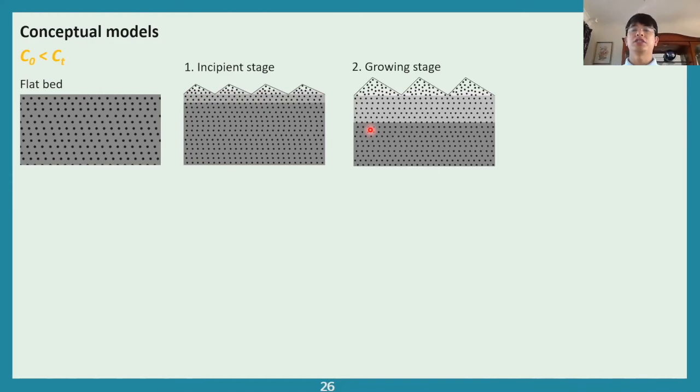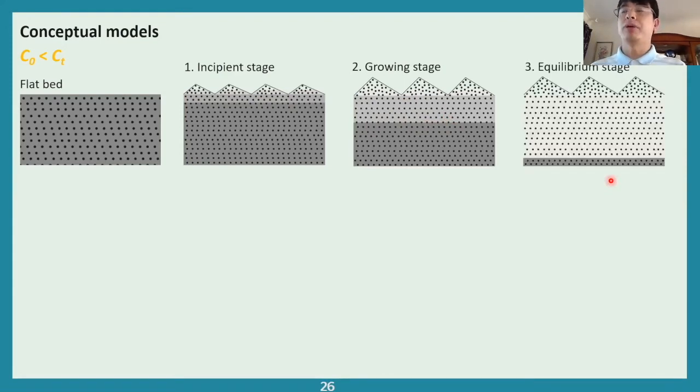In the growing stage, the ripples become sandy ripples, and the layer losing clay gradually expands downwards. In the equilibrium stage, the ripples have transformed into clean sand ripples. And due to very high clay winnowing, even the deep bed clay is cleaned, contributing to the formation of a very thick clay loss layer.